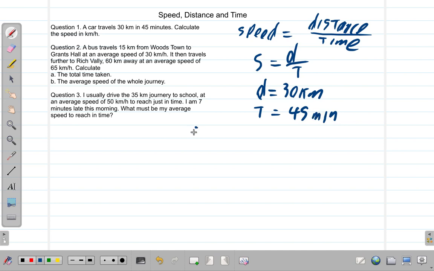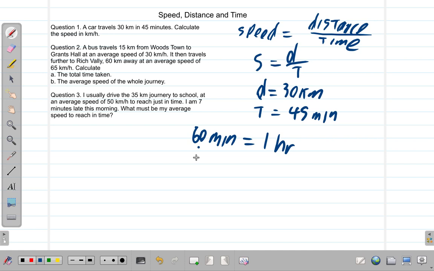Now, the fact is, 60 minutes equals 1 hour. What we can do is find out how many hours you have in 1 minute, and then multiply that by 45 to see how many hours you're going to have in 45 minutes.